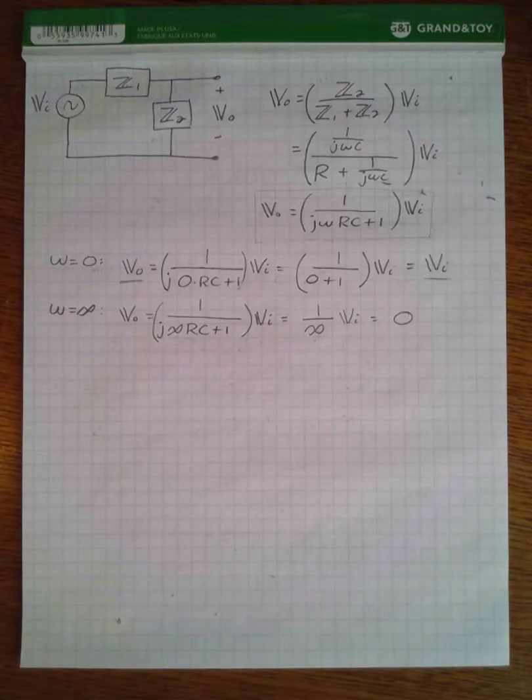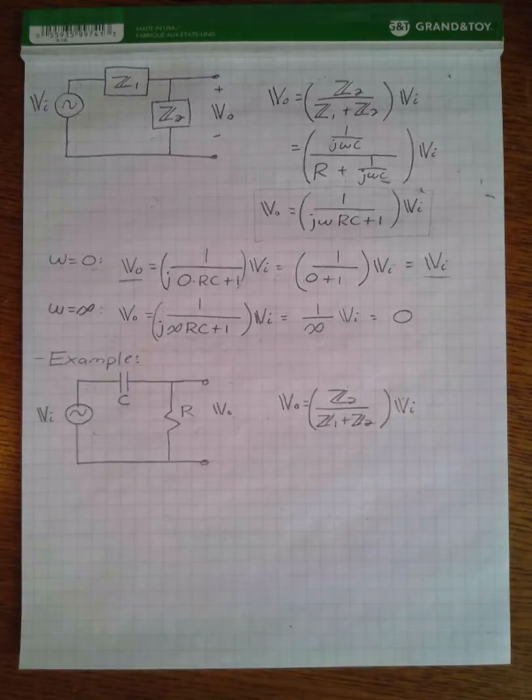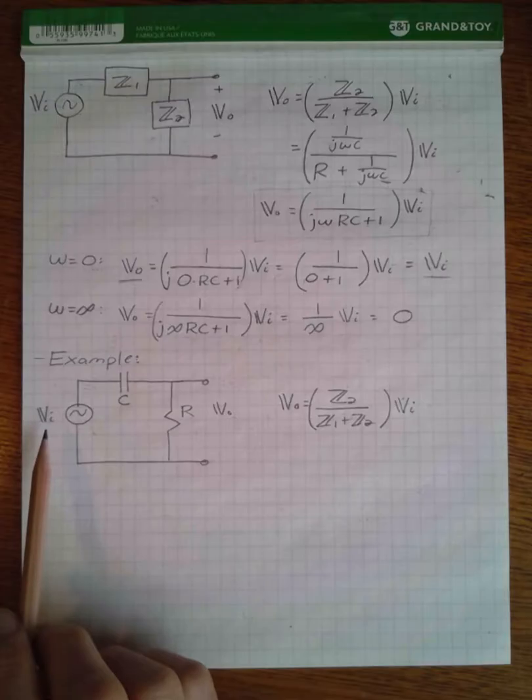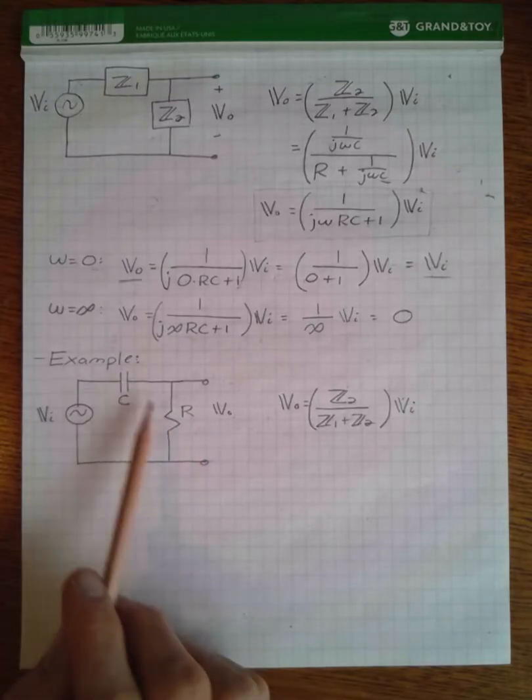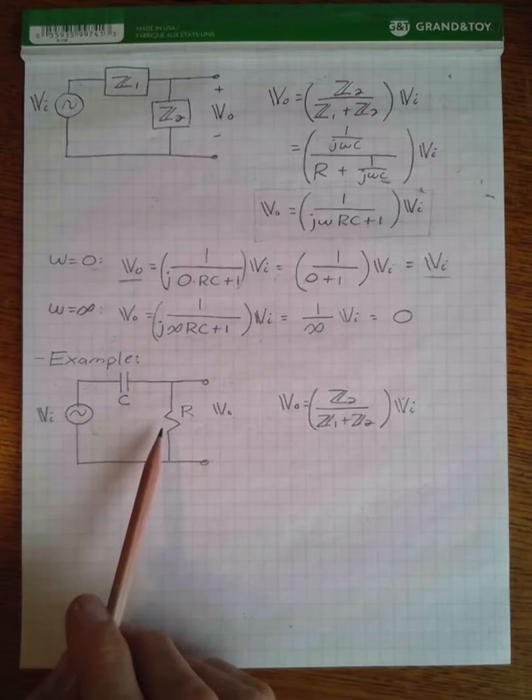And as we're going to see later on in class, this is what we're going to refer to as a low pass filter. And we'll talk about what low pass filters are used for. But just to continue on with this line of discussion, let's introduce one more circuit. So for our final circuit, we have an input voltage, output voltage, and we've swapped the location of our resistor and our capacitor.